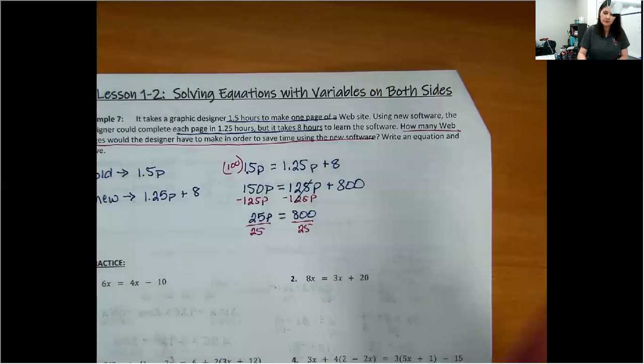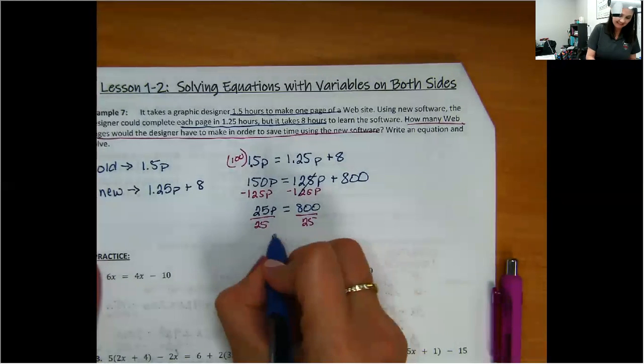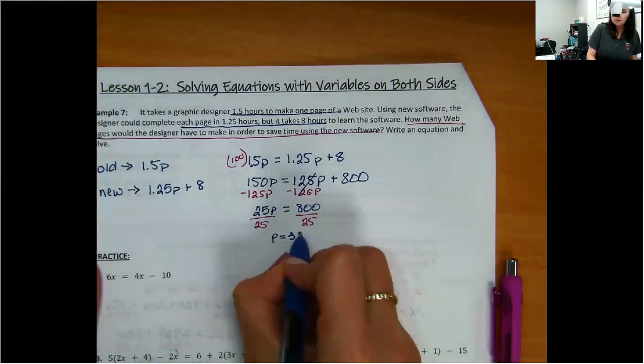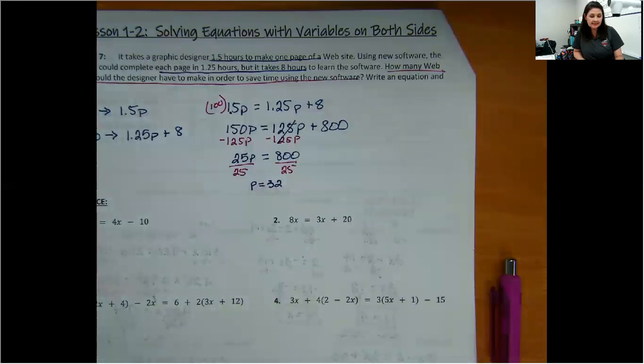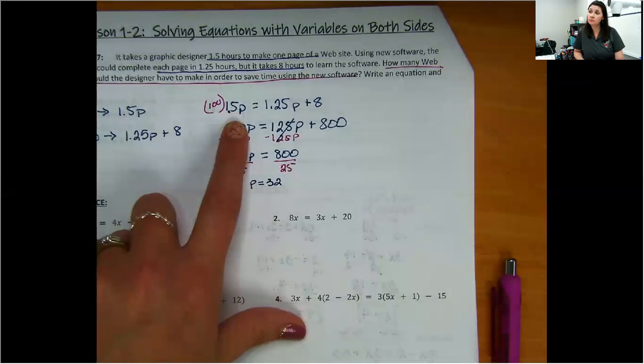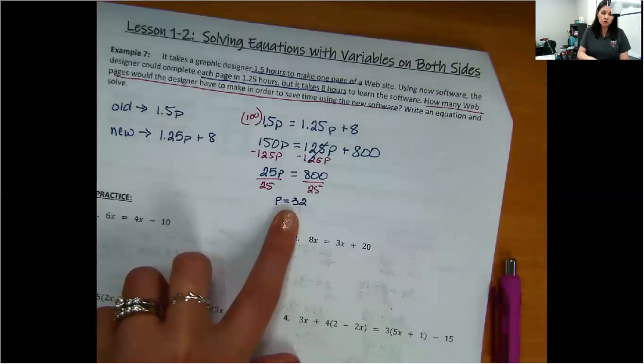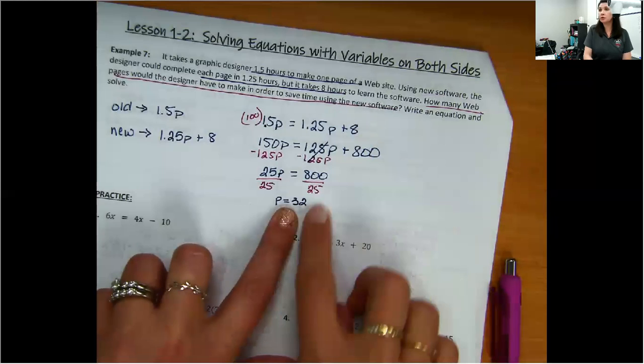Anyone know what 800 divided by 25 is off the top of your head? 32. Once you get to this point, this is telling us that when they make 32 pages with the old system, the new system has also made 32 pages.